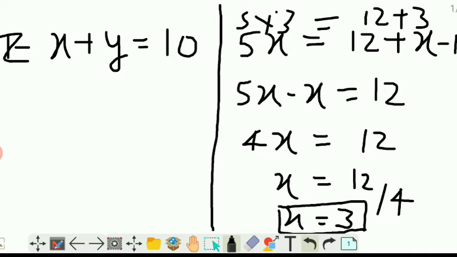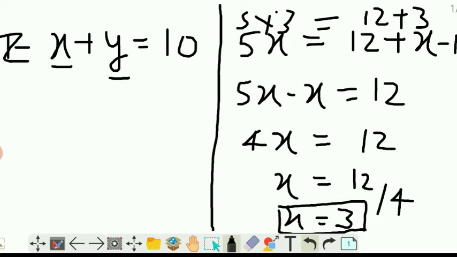But what about a linear equation in two variables? Take a simple example. X is a person, Y is a person. Two boys have a total of 10 oranges.